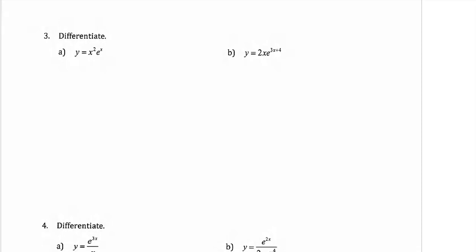Okay, so the product rule in short form, not the long one on the formula sheet, is y dash equals vu dash plus uv dash. That's your formula.